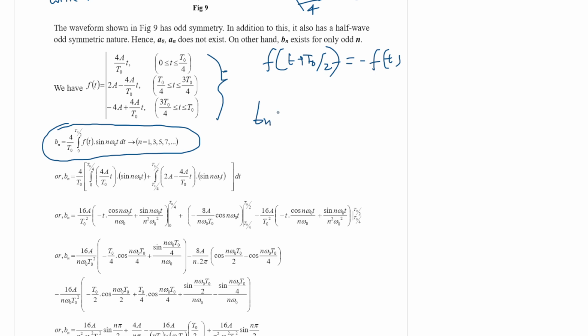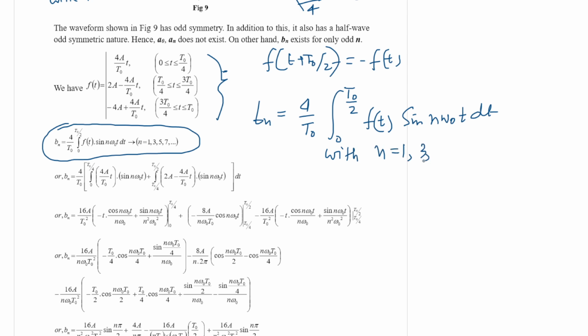The formula will be 4 by t naught, integral from 0 to t naught by 2, f of t sin n omega naught t dt, with n equal to 1, 3, 5, 7 and so on.